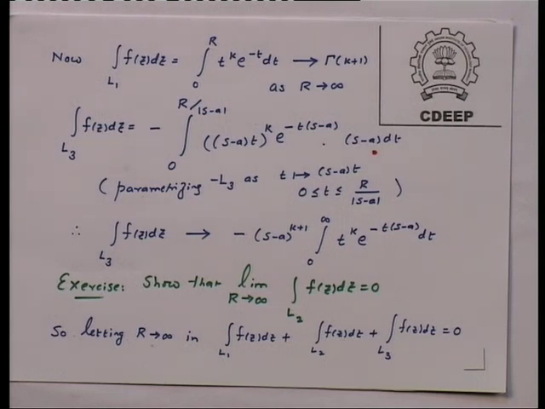Now go back to the equation: the integral over L1 plus the integral over L2 plus the integral over L3 is 0. Let r tend to infinity. The middle term goes to 0. The first term gives you gamma of k plus 1, the third term gave you minus s minus a to the power k plus 1 times the integral that you want, correct?